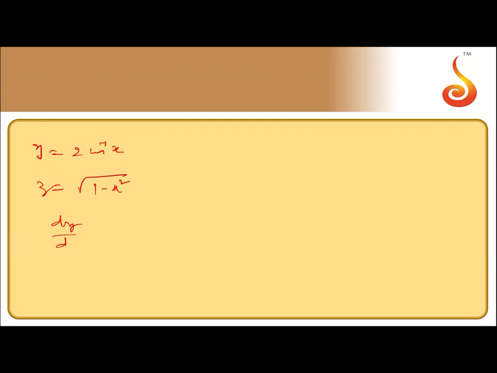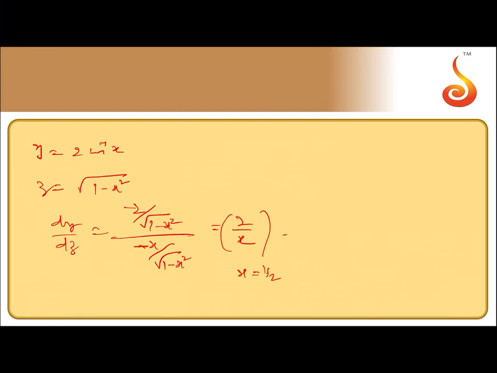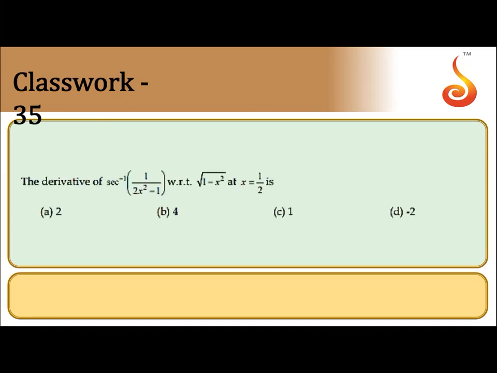You are asked to find dy by dz, the derivative of y with respect to z. That is minus 2 by root of 1 minus x square divided by minus x by root of 1 minus x square, which is equal to 2 by x. You want the value of this at x equal to 1 by 2, and that gives you the answer 4. So the answer is 4.